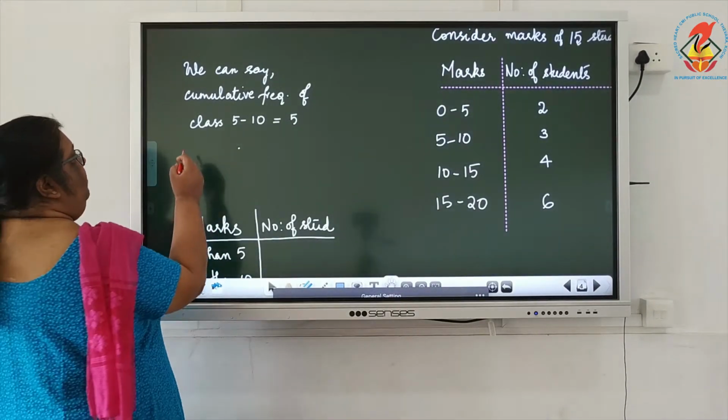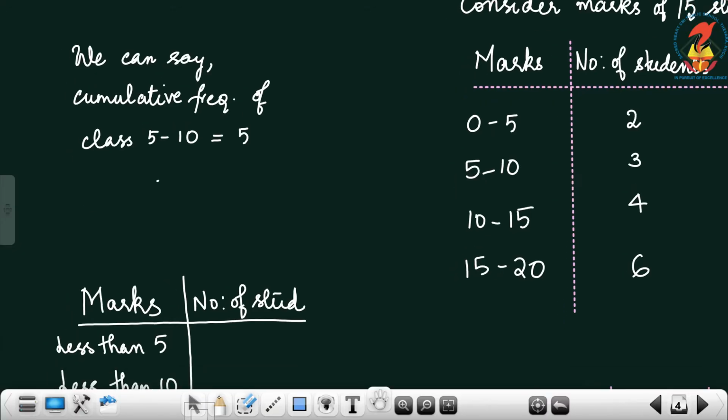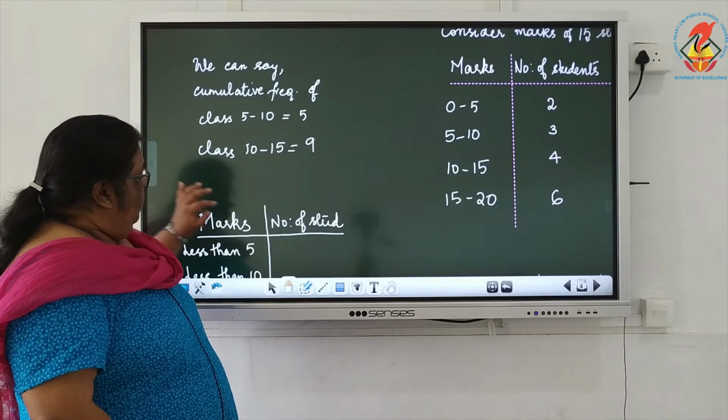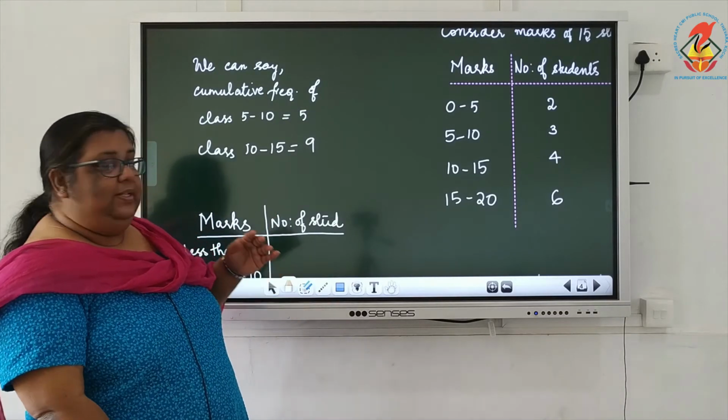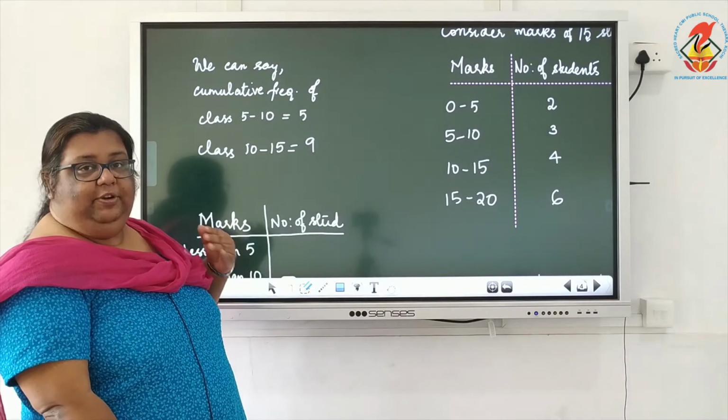Then can you tell me the cumulative frequency of class 10 to 15? That will be 2 plus 3, 5 plus 4, 9. So cumulative frequency means the collective frequency.